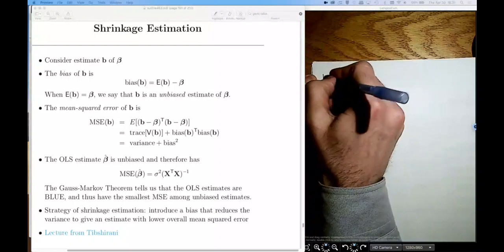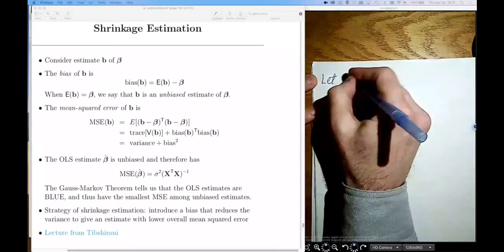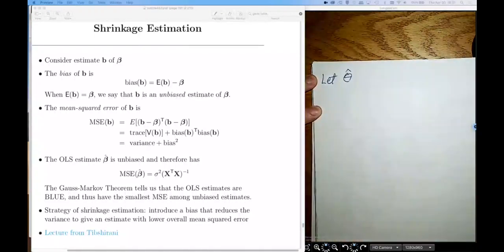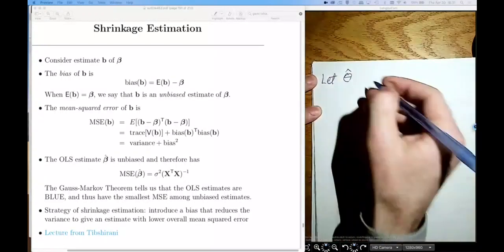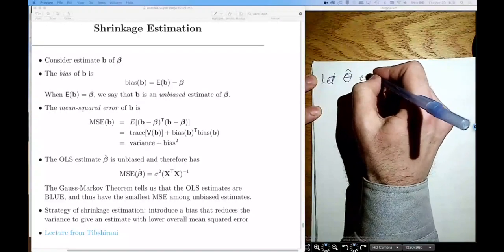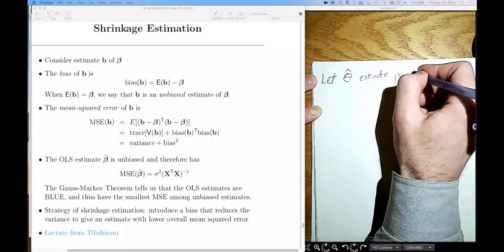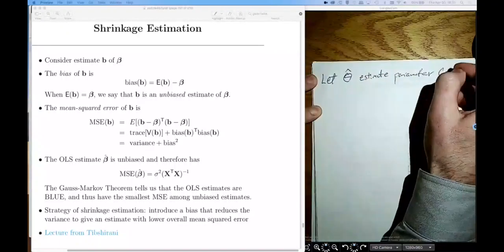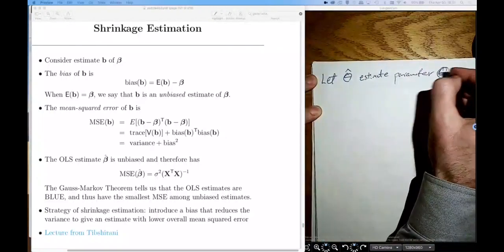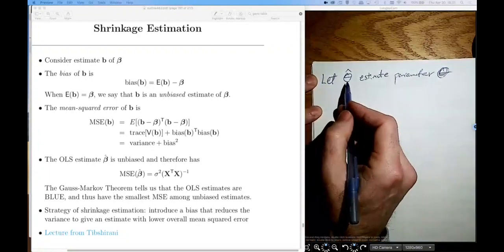The way that this is usually discussed is that we have some estimator, traditionally called theta hat. Let theta hat estimate parameter theta. I've got a sample of data, and from that sample of data, I compute this theta hat.